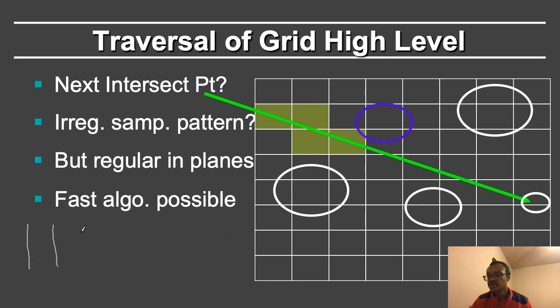If I just draw the vertical lines, then the intersection is actually quite simple. If you have a particular intersection point, let's say this point is x0, y0, and this distance is known, it's just equal to delta x.